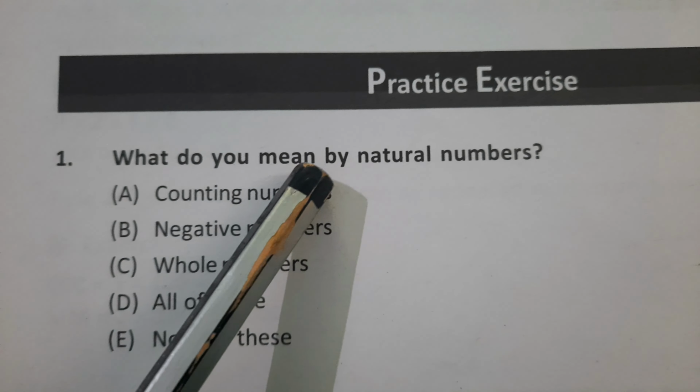Next is, Steve has 3,400,000 rupees. What is the worth of his money as per the Indian system of numeration? Obviously it is option D, that is 34 lakhs.